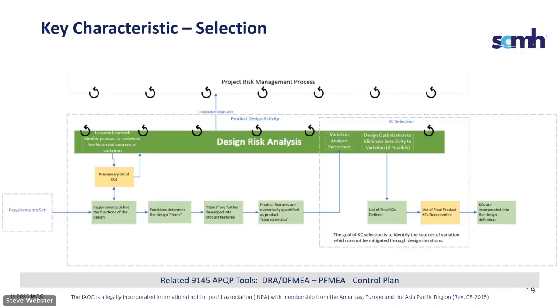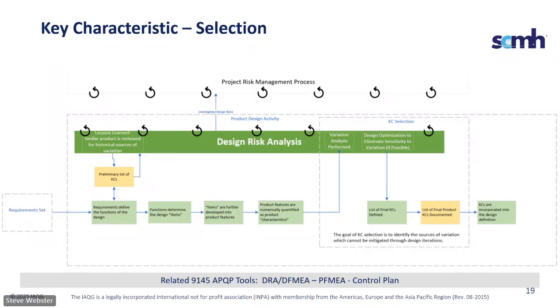Then, as part of the design risk analysis activity, or DRA, variation analysis of variation sources is performed to assess the risk to meeting requirements. The contributors to variation form the list of what we call candidate key characteristics.